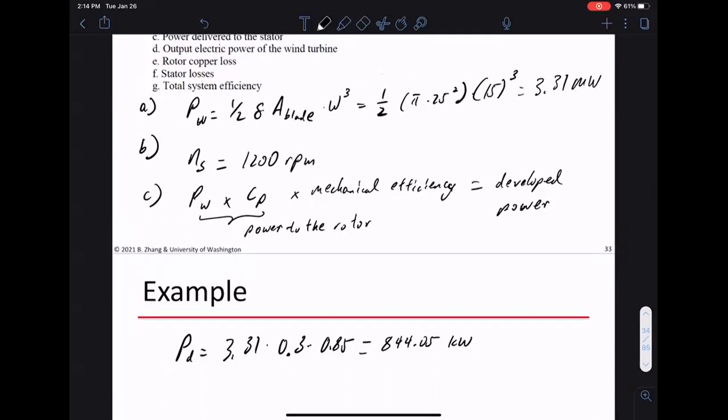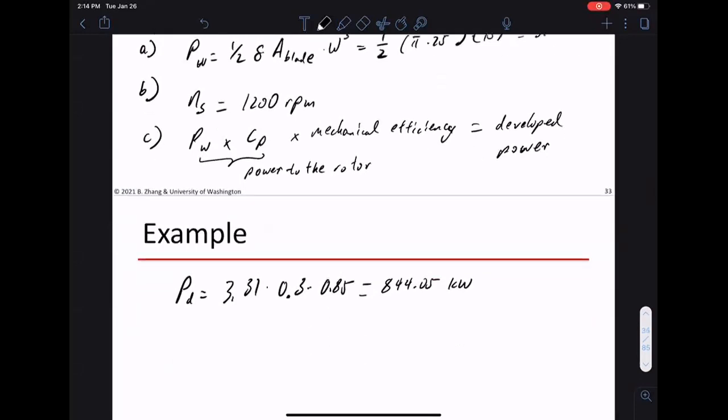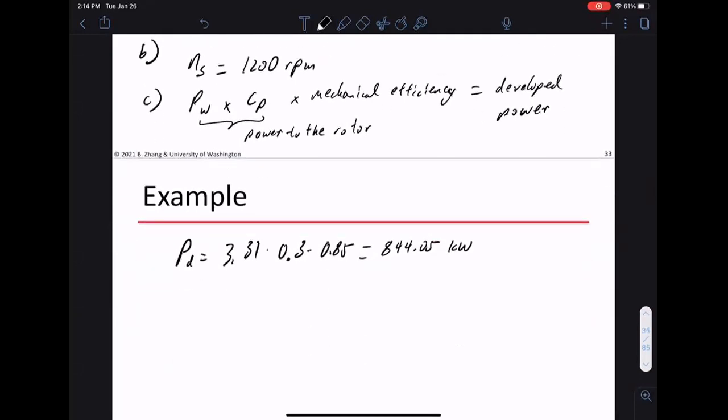Then what is the power delivered to the stator? Anybody remember what's the power delivered to the stator? So you look at our equivalent circuit. This is the grid side, VA. There are some losses around here.